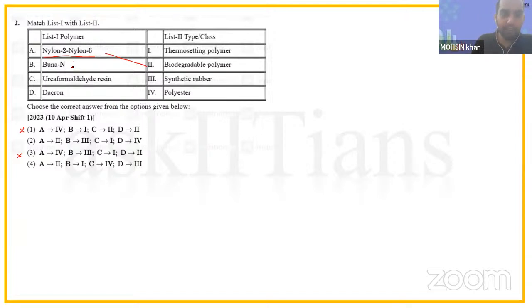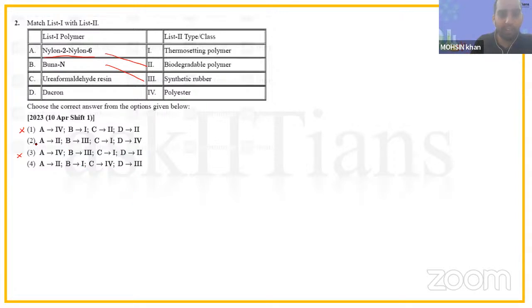Next is Buna N. What type of polymer is Buna N? Buna N and Buna S are synthetic rubbers, so we will match it with 3.